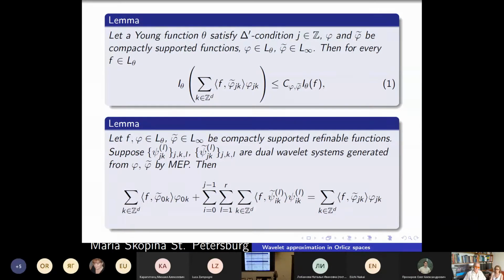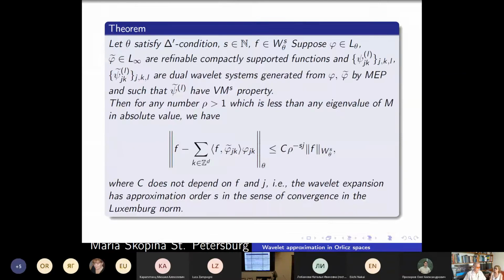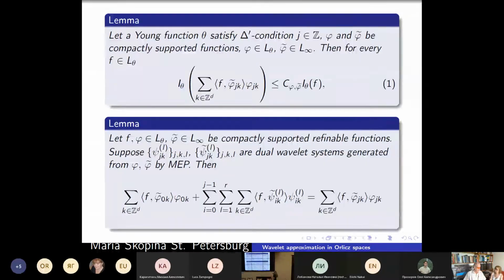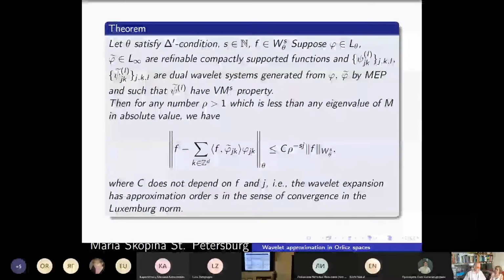The wavelet decomposition can also be presented as a scaling decomposition, and we have the following theorem. Now we assume that theta satisfies the delta prime condition. Then suppose phi is in L theta and phi tilde is in L infinity. I explained why we cannot take the dual Orlicz space.